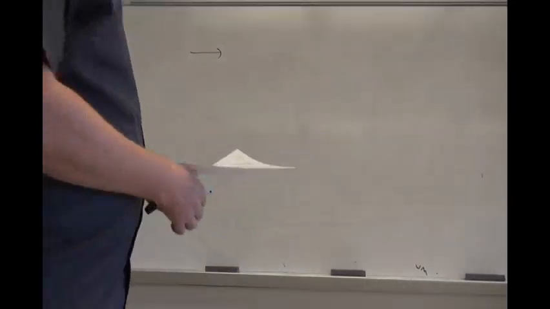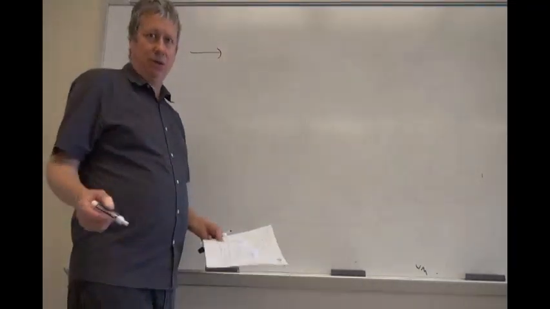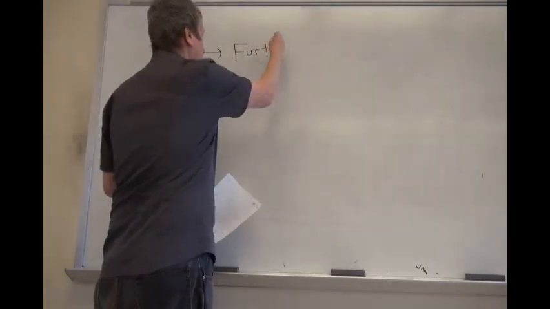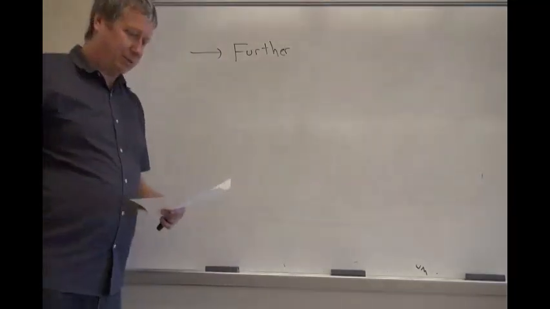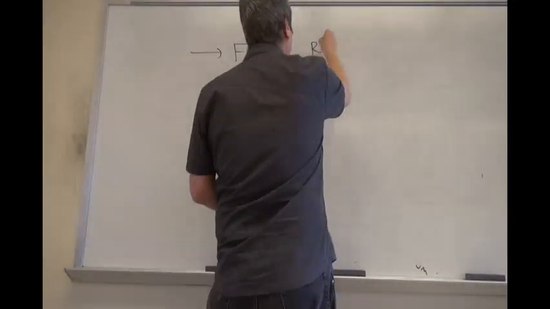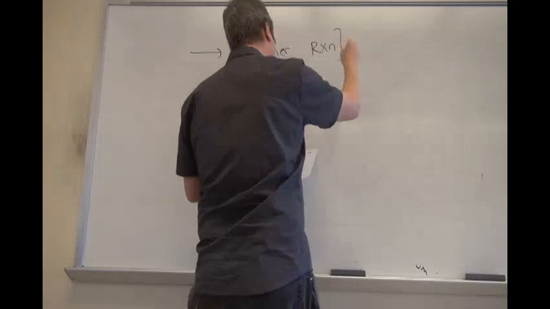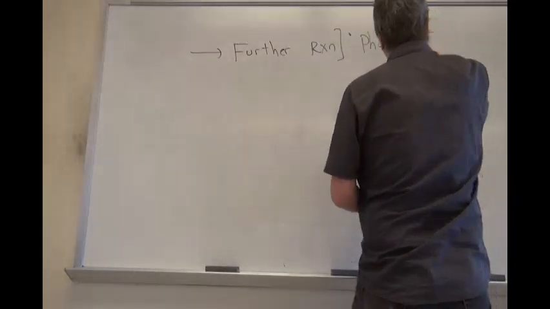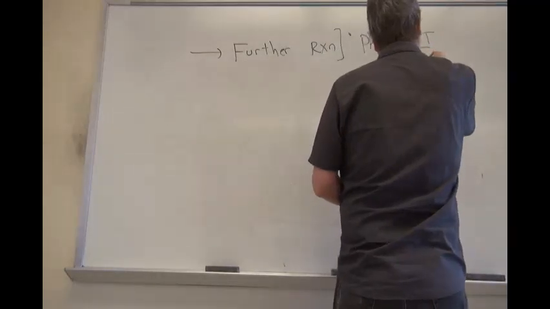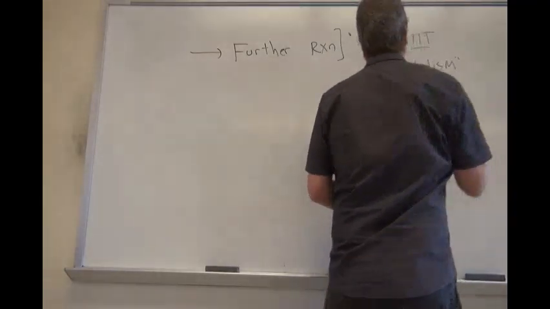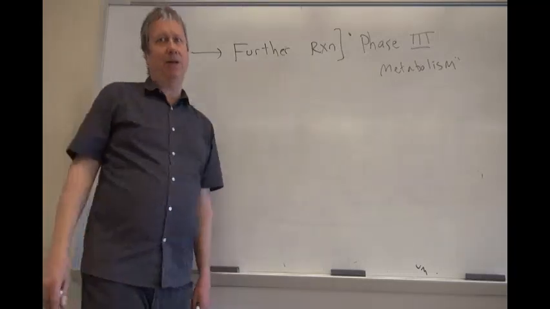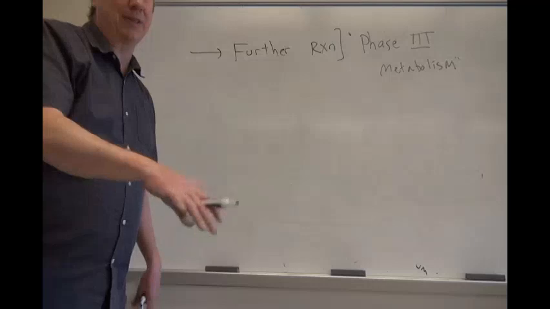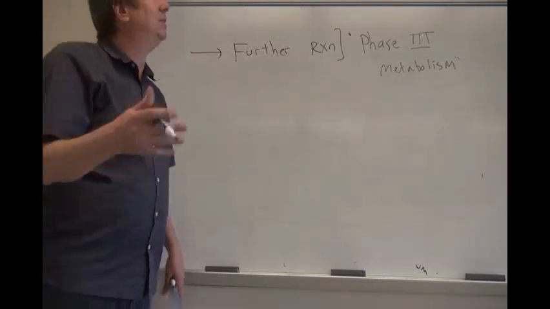Cool. All right, so what comes after phase 2 would be phase 3. So there's another, kind of a third phase in drug metabolism, further reaction. What could that possibly mean? So what that would mean is you do phase 1, which oxidizes or changes the molecule.